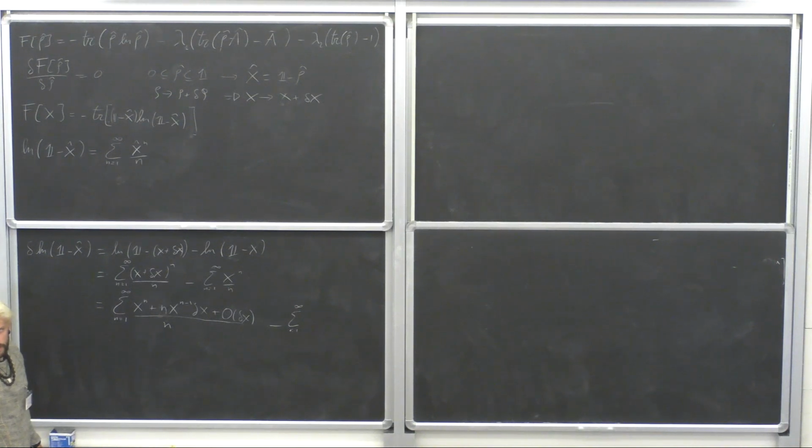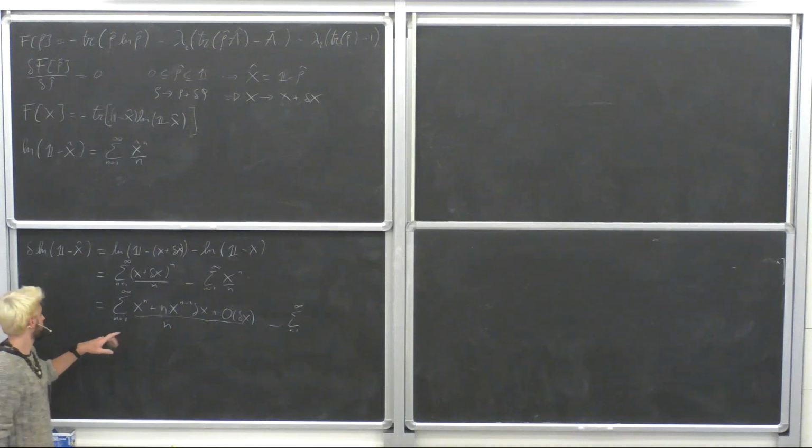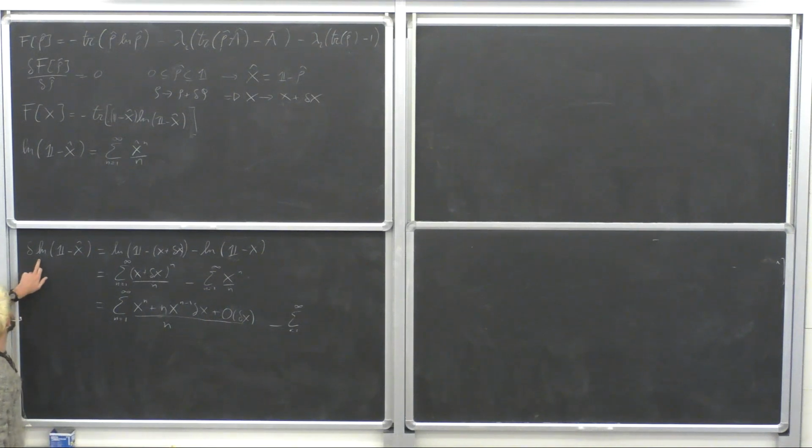Therefore, you have n terms, which is x to the n minus 1 delta x, plus x delta x x to the n minus 2, plus x squared delta x x to the n minus 2, and so on and so forth. Sorry, it's true. This is in fact not the derivative of this.